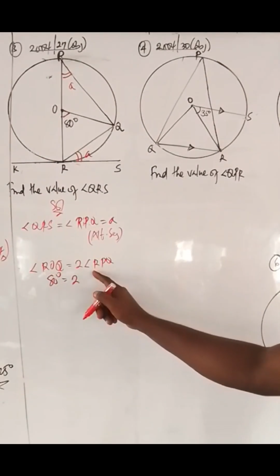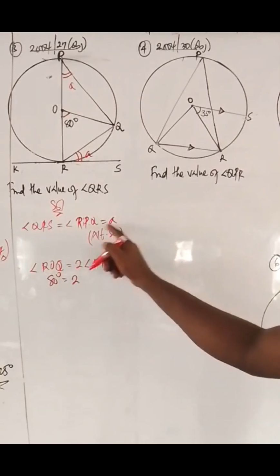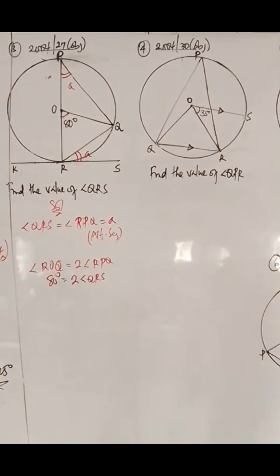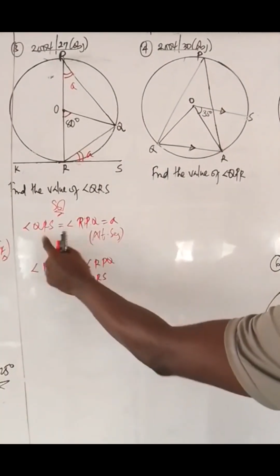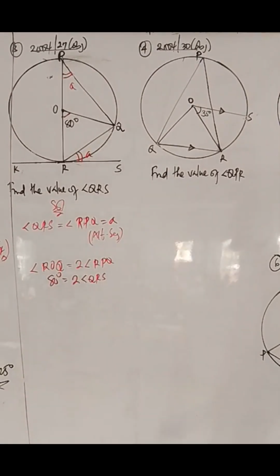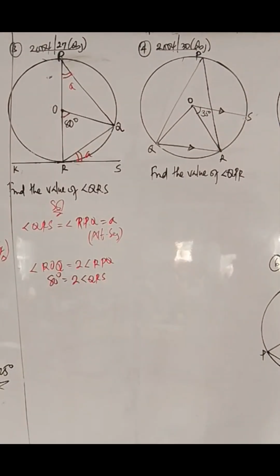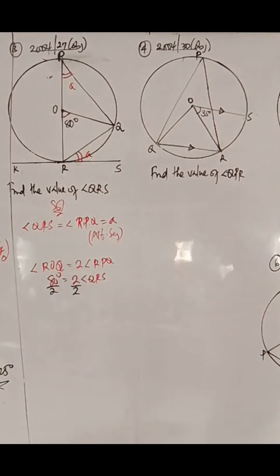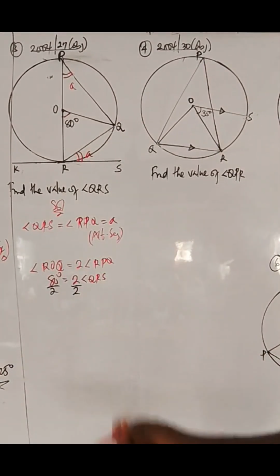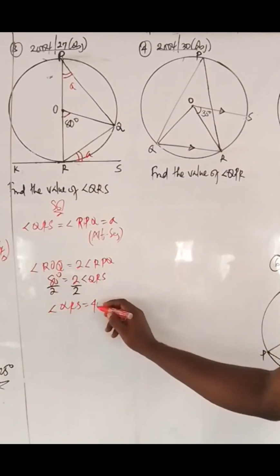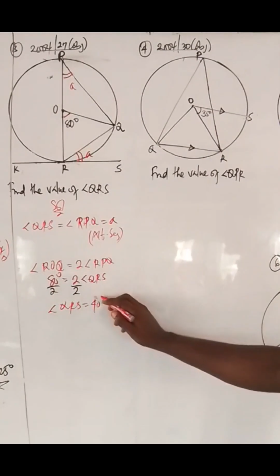Twice my angle RPQ, which is A, which is angle QRS. I'll replace RPQ with QRS because they are the same. And our aim is to get QRS. So if you divide by 2 from here, obviously we are going to get QRS to be 40 degrees. 80 over 2, 40 degrees. Very simple.